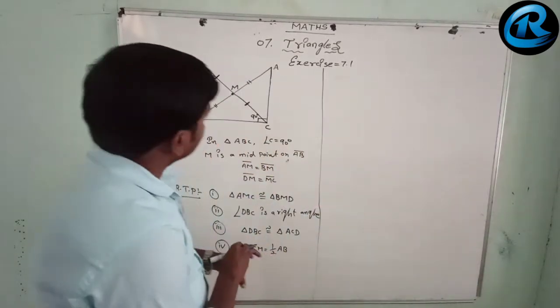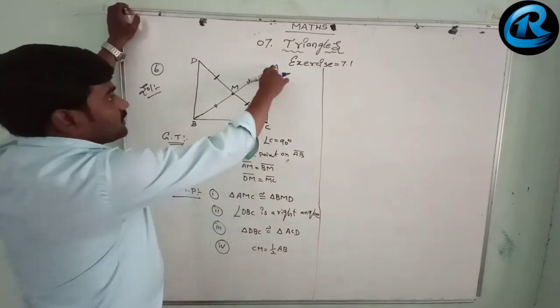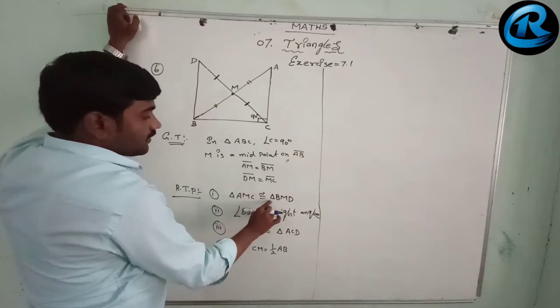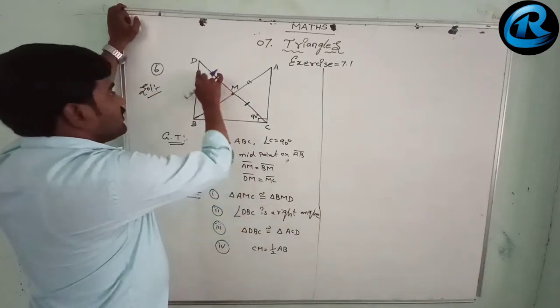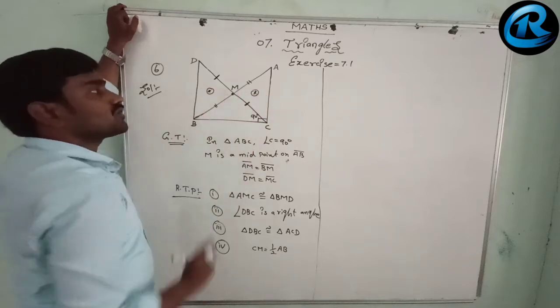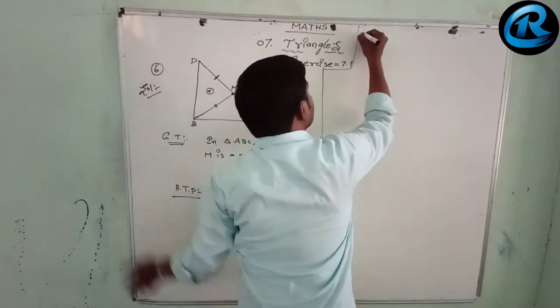Here first we have to prove that triangle AMC and triangle BMD, these two triangles, are congruent. Let us take proof number 1.